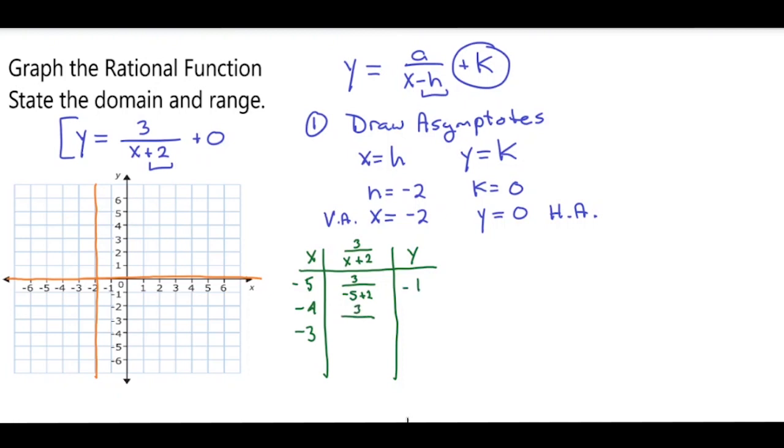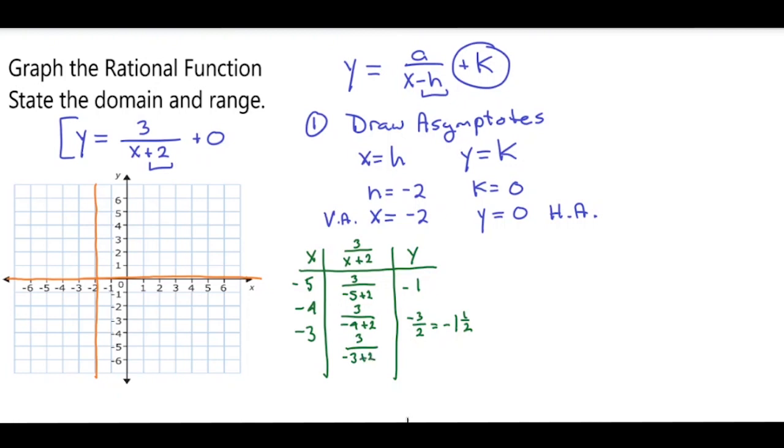Next I have 3 over negative 4 plus 2. So negative 4 plus 2 is negative 2. So 3 over negative 2 is negative 3 halves, which is also negative 1 1/2. Next, I will plug in negative 3. So 3 over negative 3 plus 2.